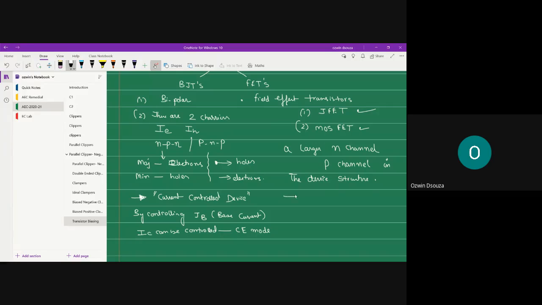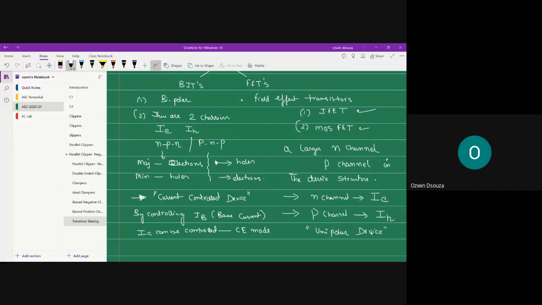By having an N channel, the device current is going to be the electron current. On the other hand, by having a P channel, the device will have a current which is nothing but the hole current. If you have a P channel, you will have positive current, which is regarded as the hole current. For N channel, you will have electron current. So either you will have an electron current or you will have a hole current. On that note, this can be called a unipolar device.